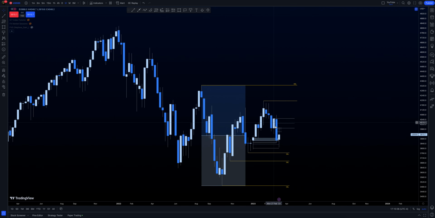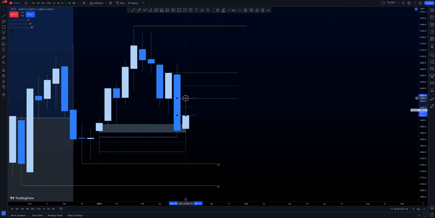So we've actually had an indecision candle here. We've traded, we've closed back in this range here. If this is to go to the downside, Monday into Tuesday, we could actually see this push higher and then trade 50% of this wick here. So we could have the 50% of this here.